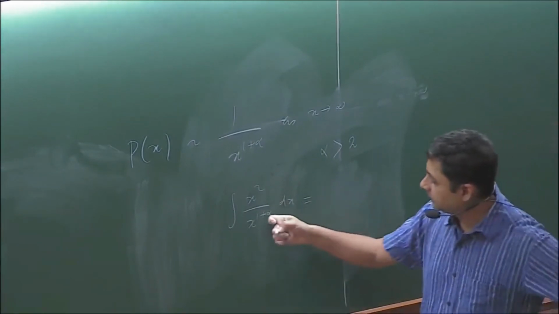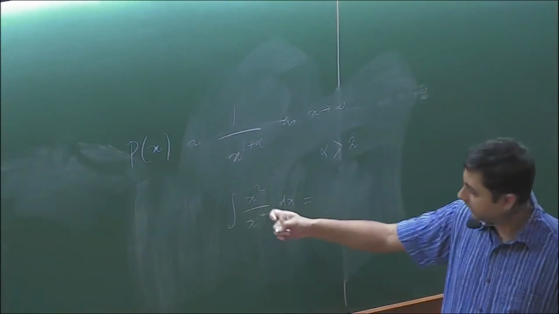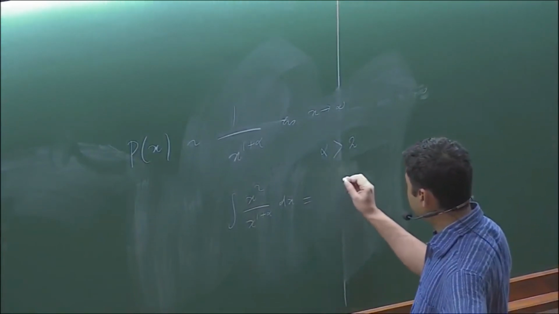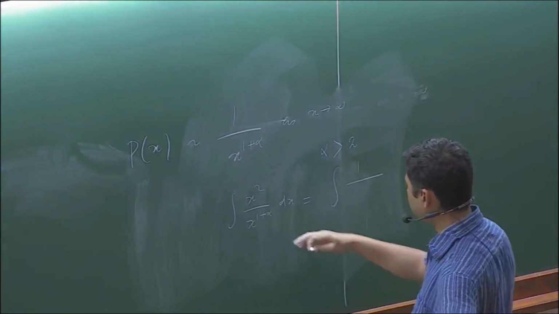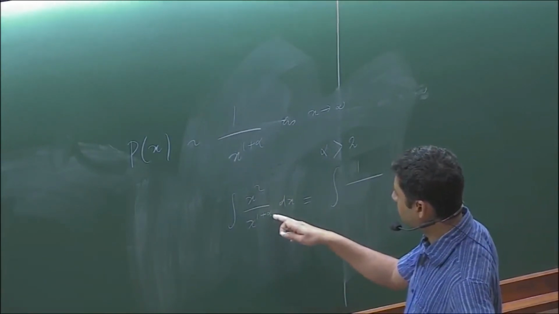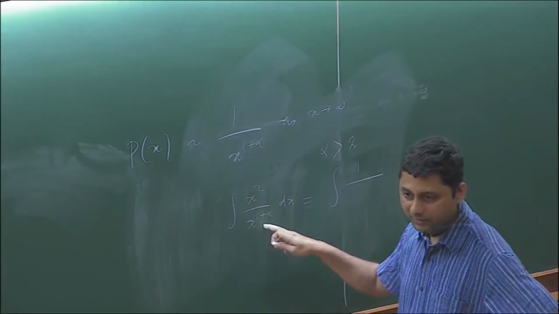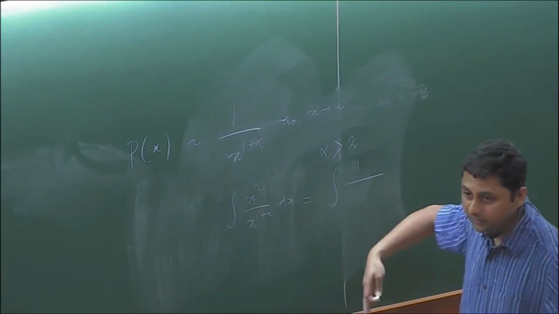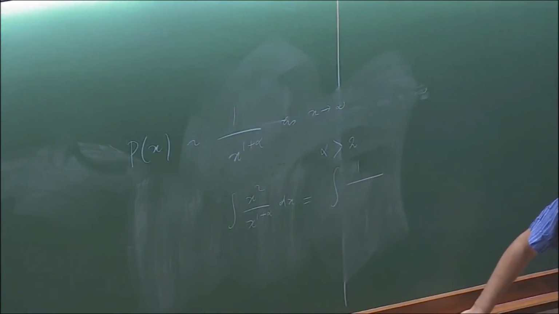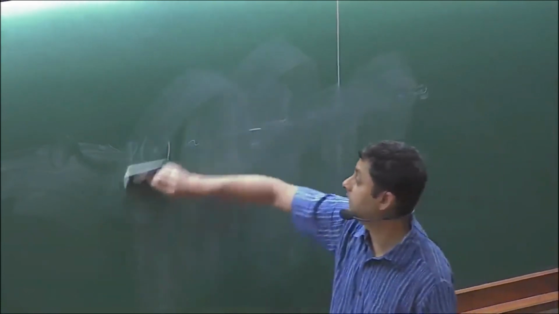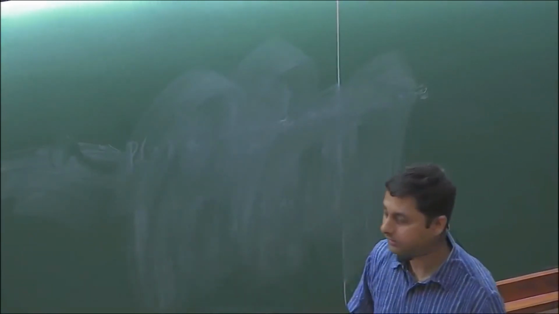But if alpha is greater than 2, then you have a tail which is faster than 1 over x, right? So that integral converges, right? So if alpha is greater than 2, your second moment will exist, but some higher moment may not exist, right? But so far, okay, let's look at the second. So suppose the second moment exists.